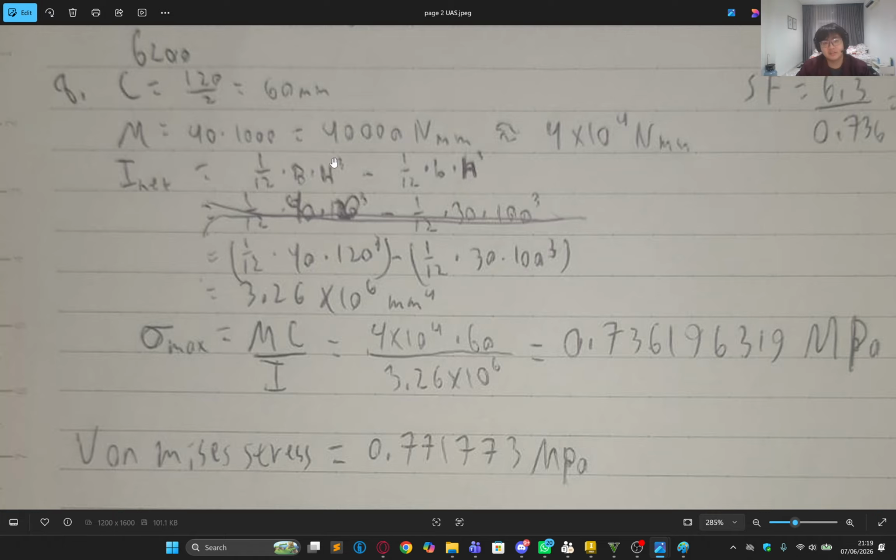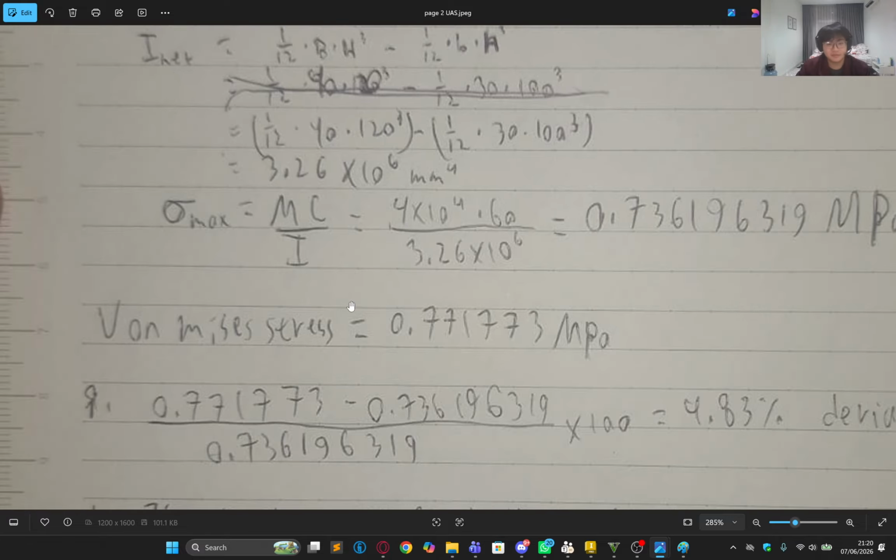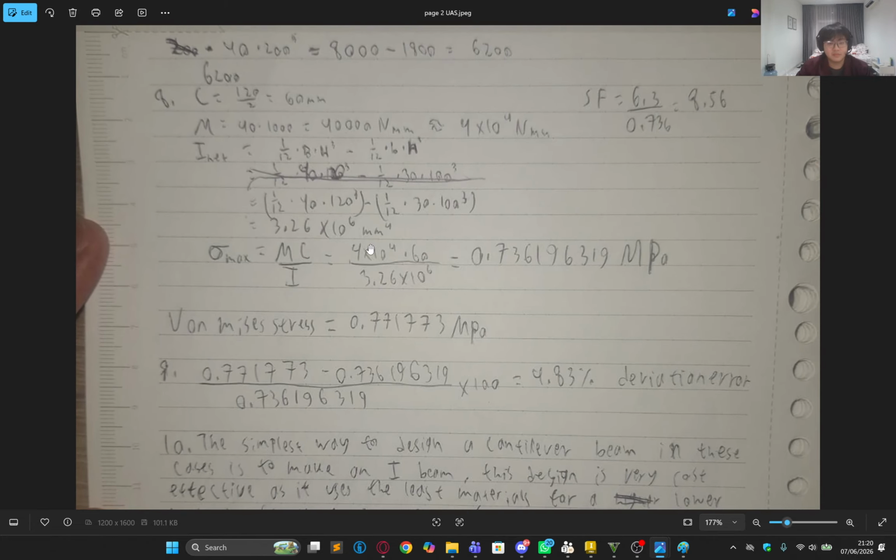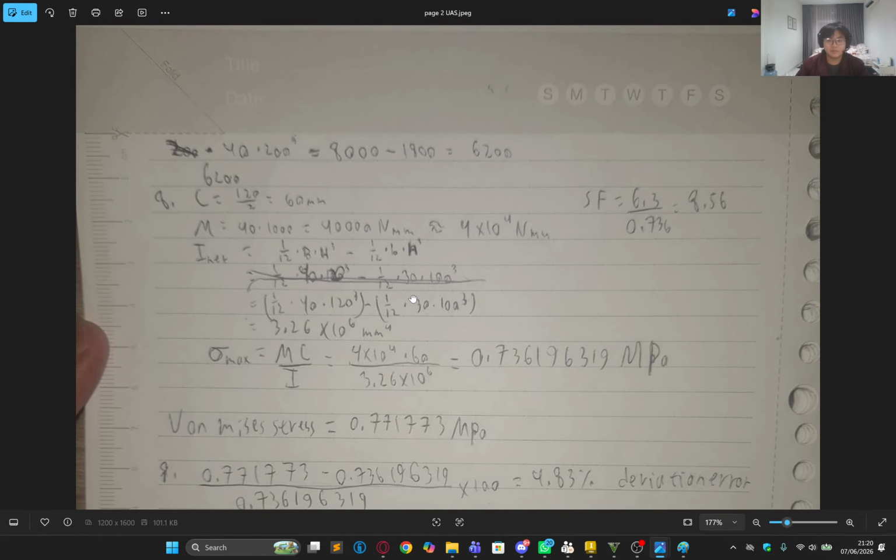So this is the width and height of the outer area, the outer inertia minus the inner inertia. After we do that, we plug in the numbers. We get 3.26 million millimeters raised to the power 4.